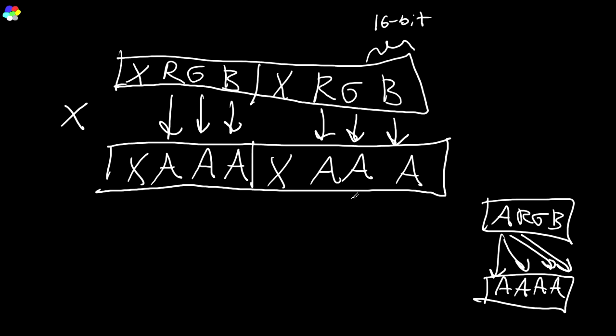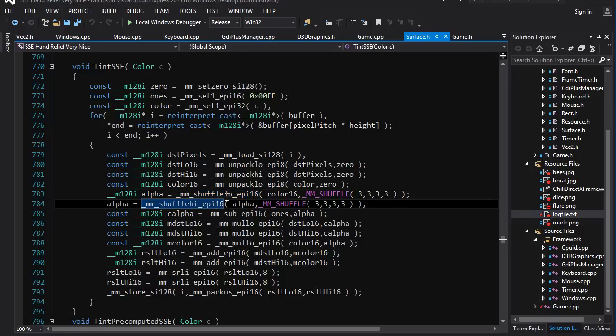Now, it depends on what we're multiplying. If it's the pixel that we're multiplying, then we want to multiply it by 255 minus alpha. But the same idea holds that we want to get the alpha value from this position into these positions. And the thing that we use to do that is called a shuffle instruction.